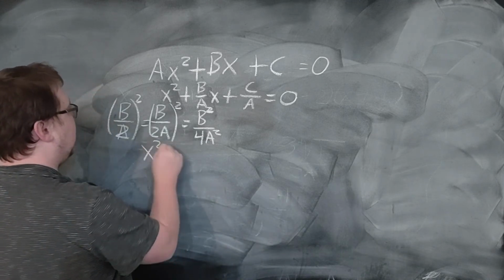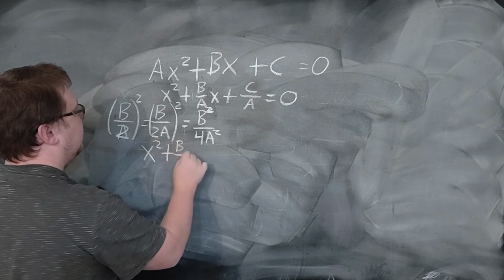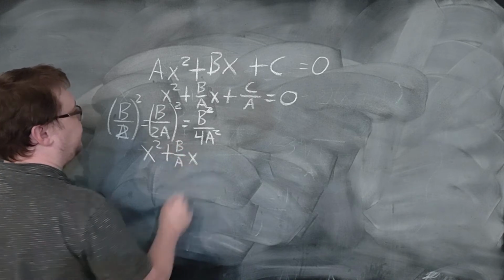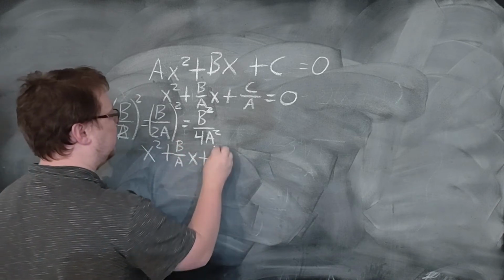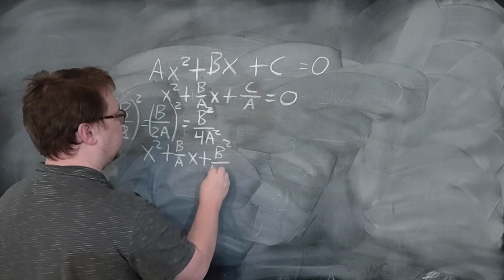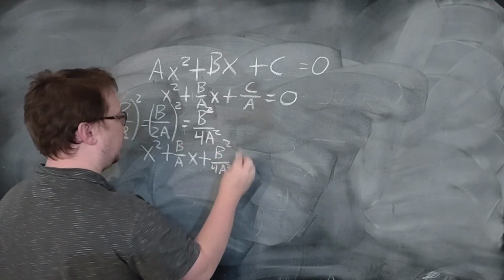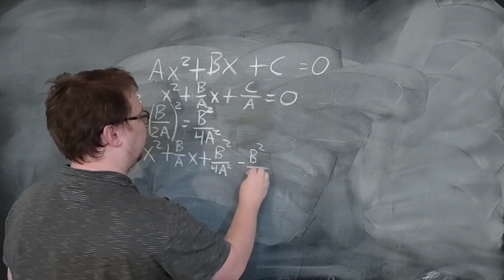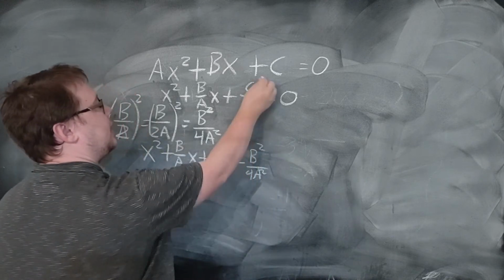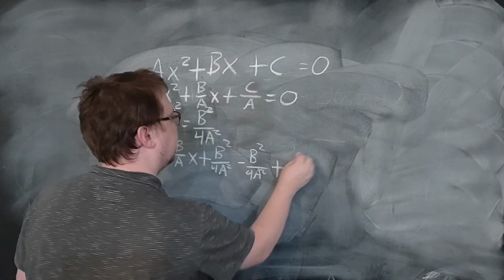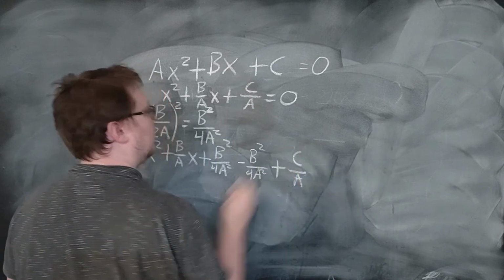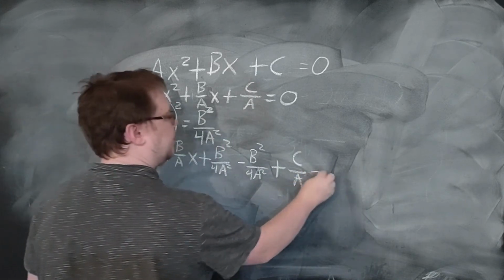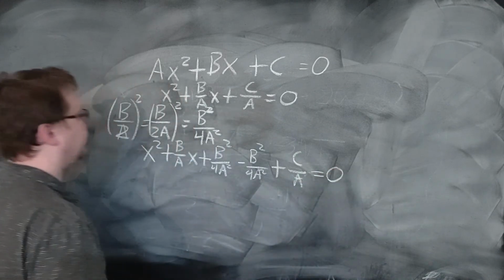So I get x squared plus b over a x plus my magic number, so b squared over 4a squared. And then I'm going to subtract my magic number again. And we've got to keep our plus c over a as is. And that equals 0.